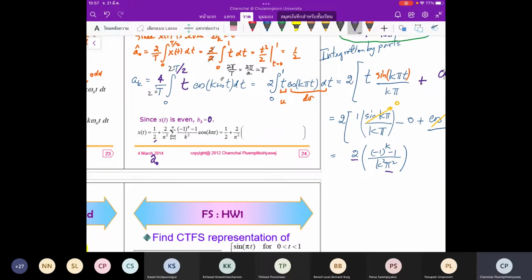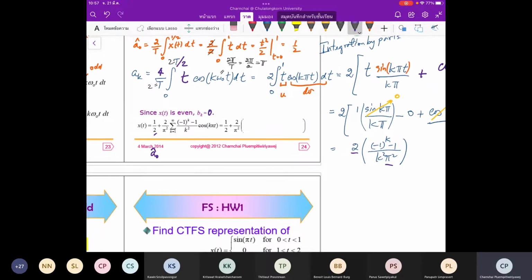And so you write down, for each term you might want to expand a few more terms, maybe 2 or 3 terms. When k is 1, we have negative 1 to the 1, negative 1 to the 1 minus 1, so you got negative 2 over 1.